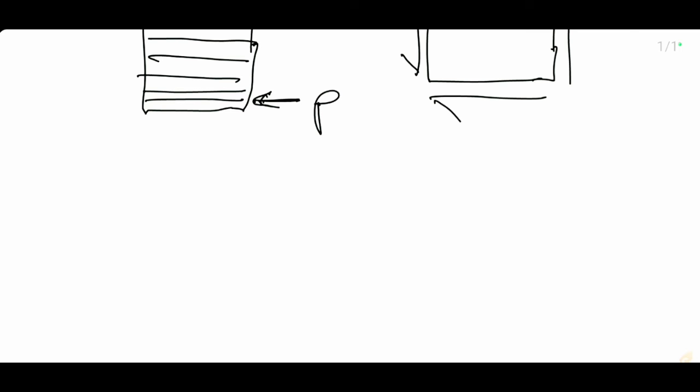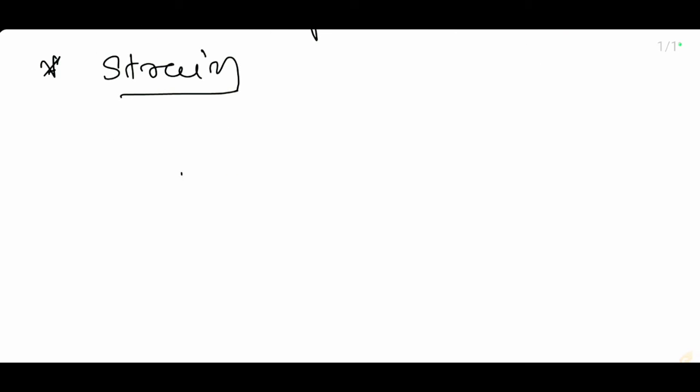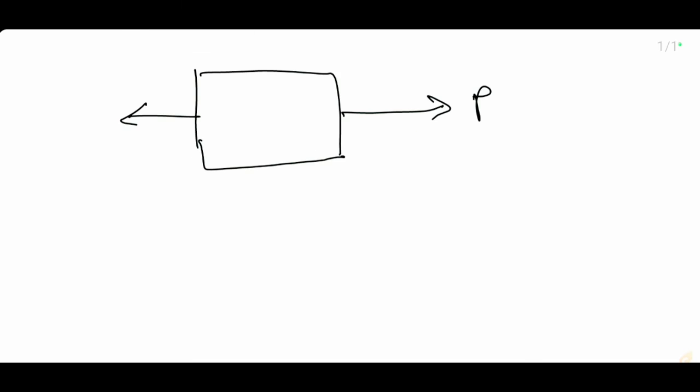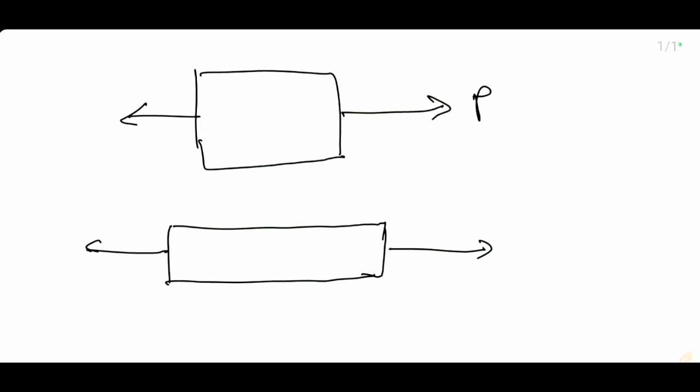Now let's move on to the next topic: strain. Strain is nothing but the percentage elongation produced in a component due to the external force. Let's say the force P acts on the body, and due to this force the length of the component is changed by this much.